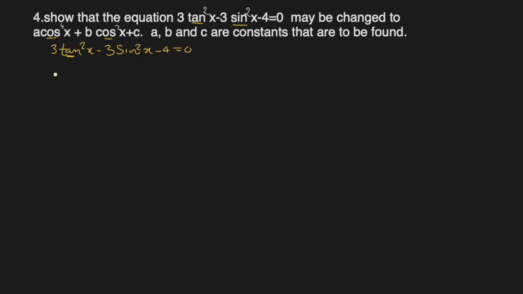So if I want to convert tan into cos, it will be like this. 3 sine squared x over cos squared x minus, now sine is to be converted to cos, which is equal to 1 minus cos squared x, minus 4 equal to 0.